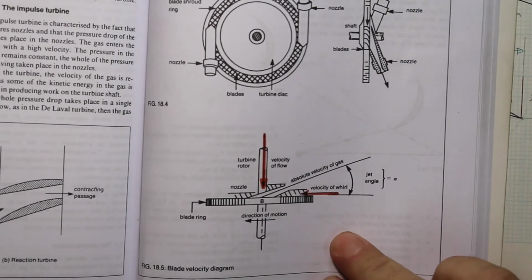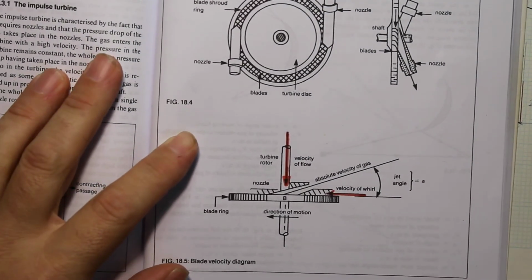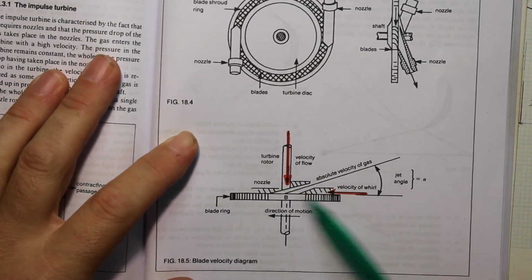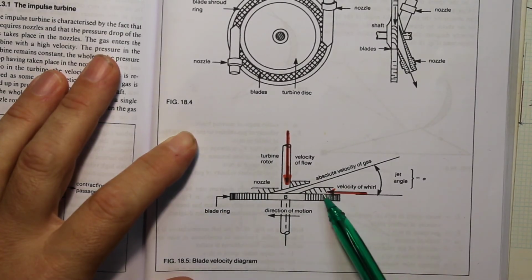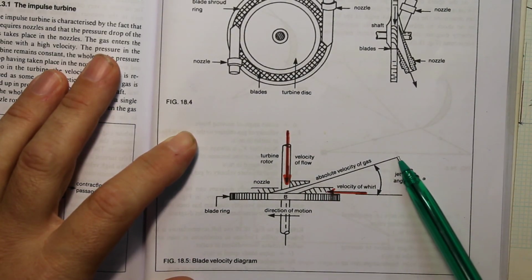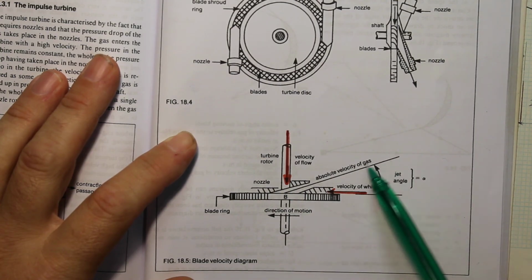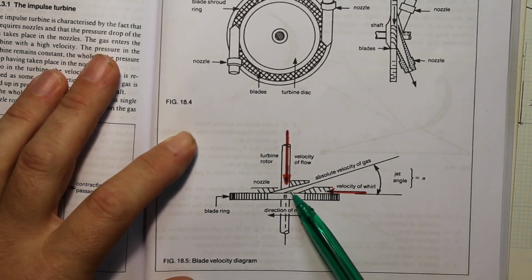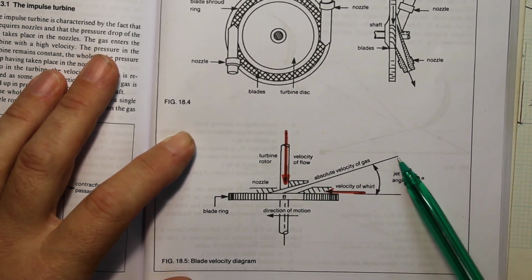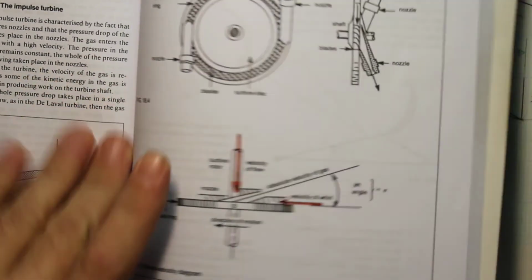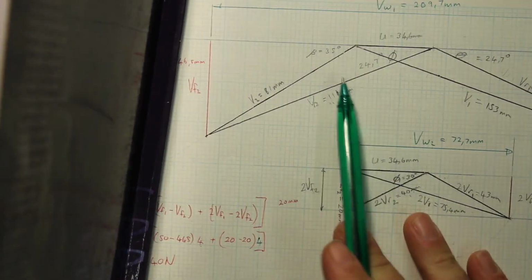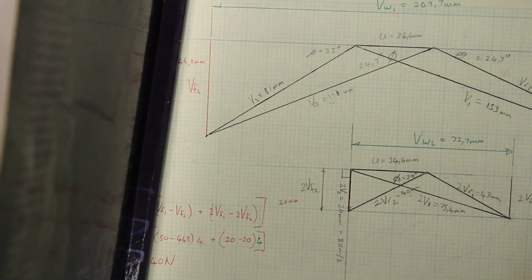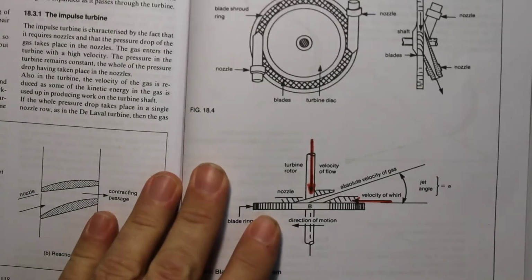Just so you remember, if we look at this picture here, just so you know these two components. Here are the moving blades, and it's rotating. You have the steam coming in at an angle through the nozzle, and that angle we know already. It's getting broken up into two components.